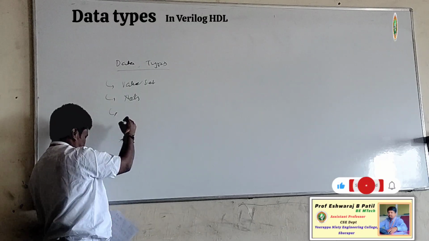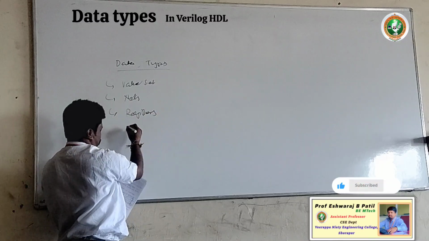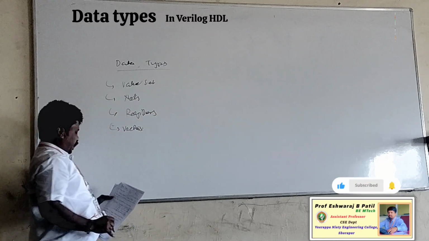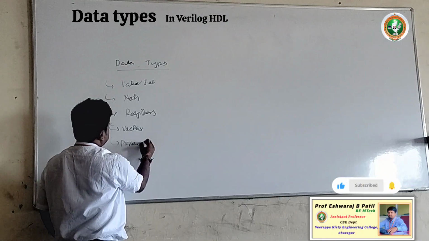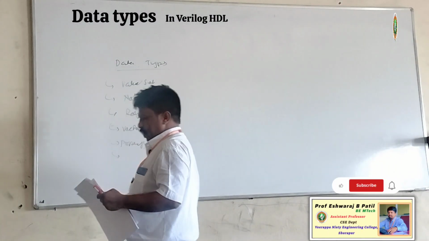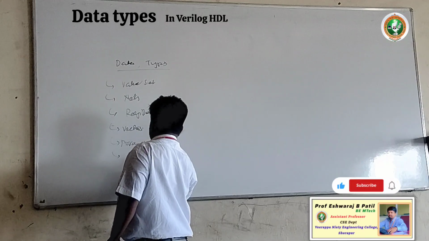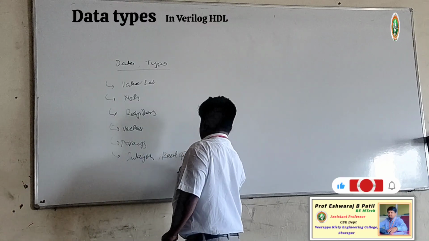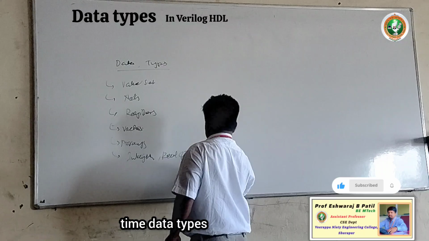Another one is registers and the vectors and arrays, and also one more is integer, real and the time data types.